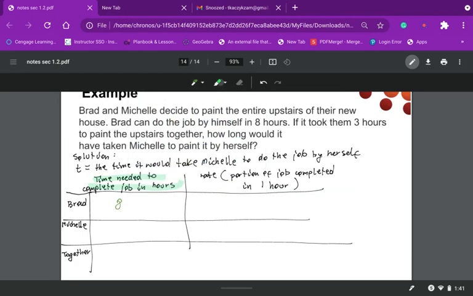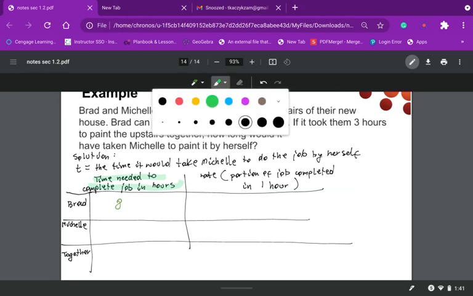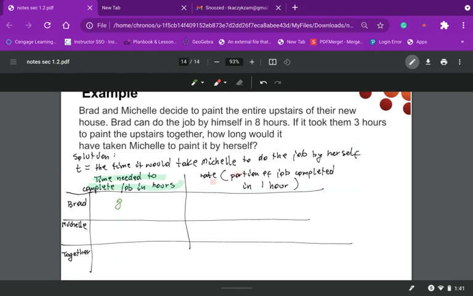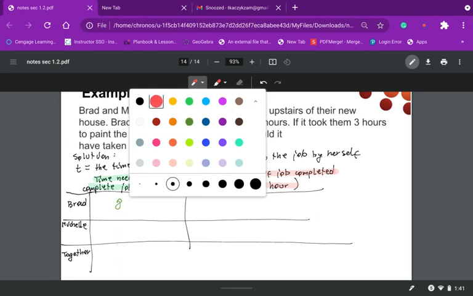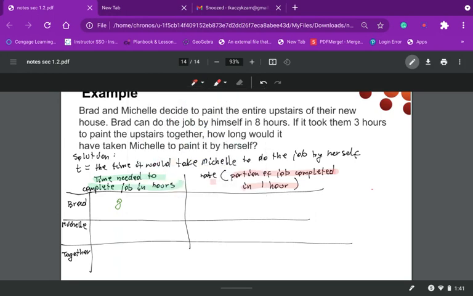Now, when we will be talking about rate, which is portion of job complete in 1 hour, so we're talking about portion, how much work he can do it in 1 hour, so that will be reciprocal of 8, which is 1/8. Okay.